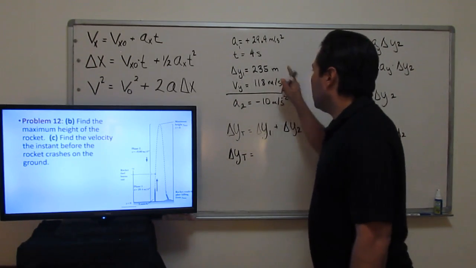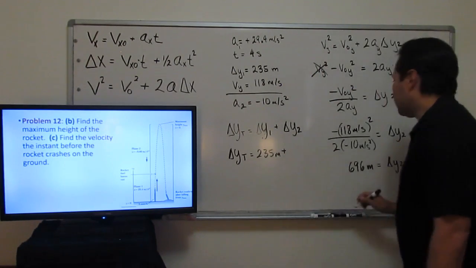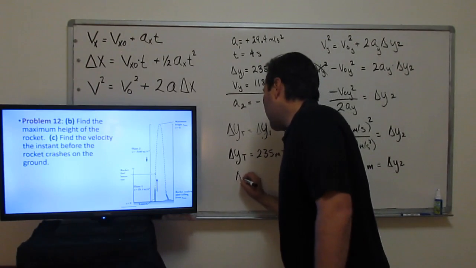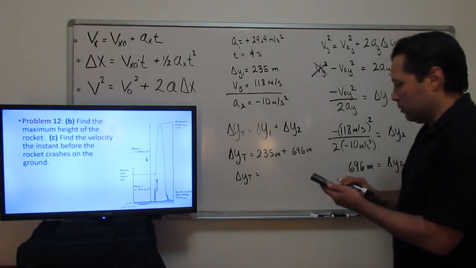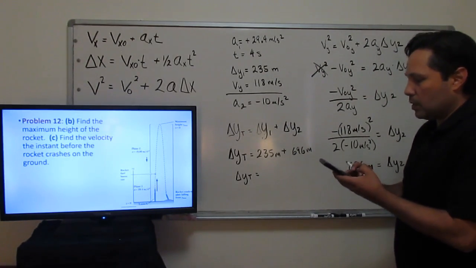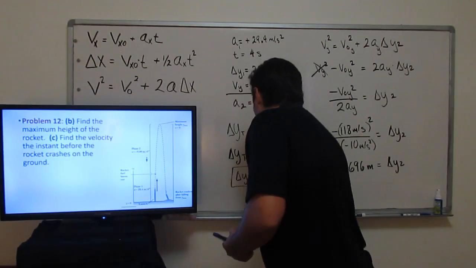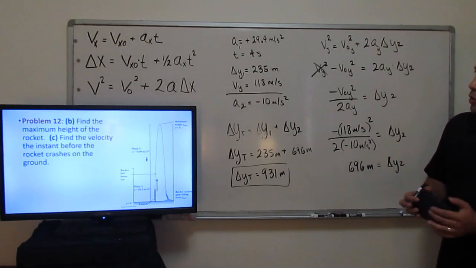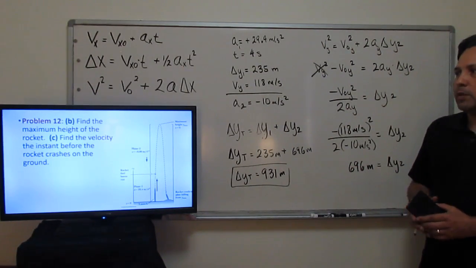So that'll be 235 meters plus 696 meters. Our grand total for part B, which is how high up it traveled, is 931 meters, give or take. Alright, so that is part B of this problem.